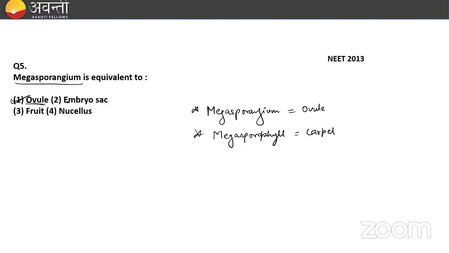And this megaspore mother cell undergoes meiosis to form the 4 haploid megaspores, right? And out of these 4 haploid megaspores, 3 degenerate, only 1 is functional. And that functional megaspore will form the embryo sac. So for this question, the correct answer is option number 1, that is ovule. Megasporangium is equivalent to ovule, and megasporophyll is equivalent to carpel. Remember this.